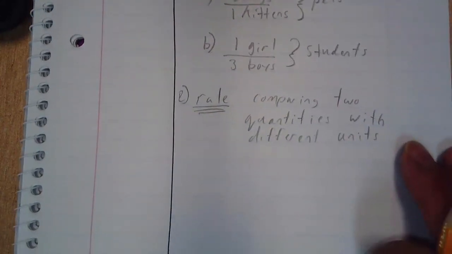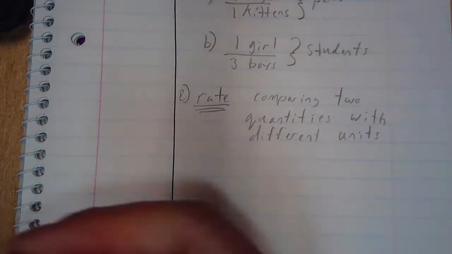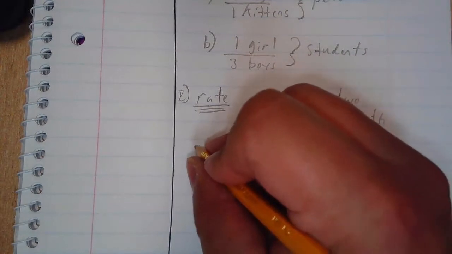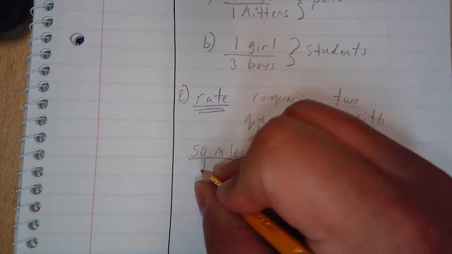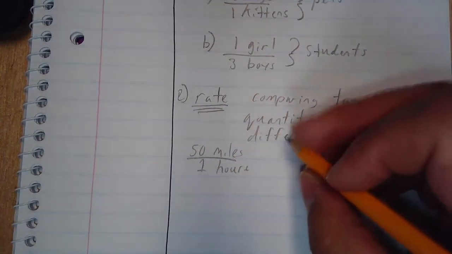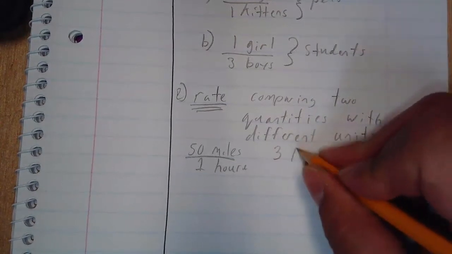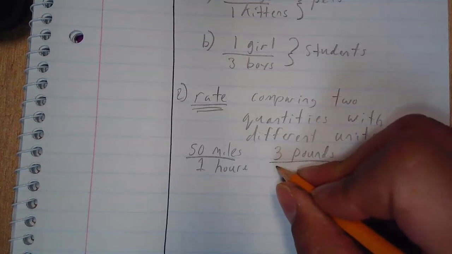Okay, this should be more familiar to you. A rate. By the way, that's a T. Let's see. 50 miles per hour. 50 miles every 1 hour. 3 pounds for every 2 inches.